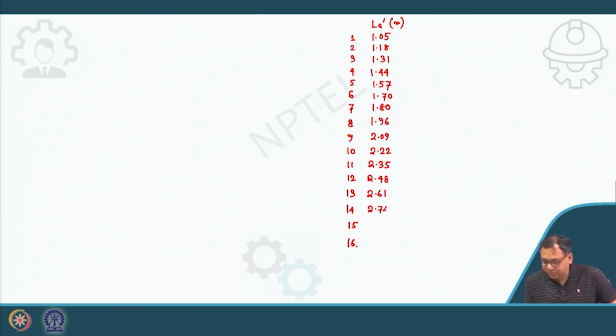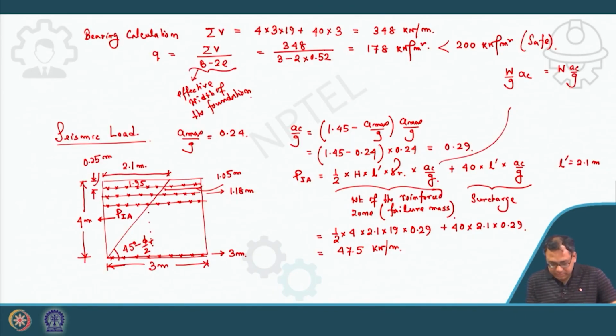Then it is 1.44 meter, 1.57 meter, 1.7 meter, 1.80 meter, 1.96 meter, 2.09 meter, 2.22 meter, then 2.35 meter, then 2.48 meter, 2.61 meter, 2.74 meter, 2.87 meter, and this will be 3 meter, because for the last one, the length is 3 meter.